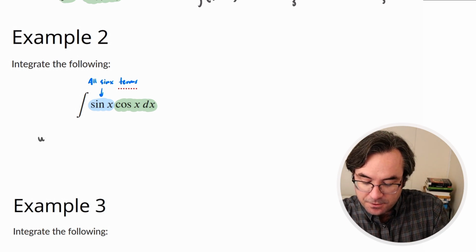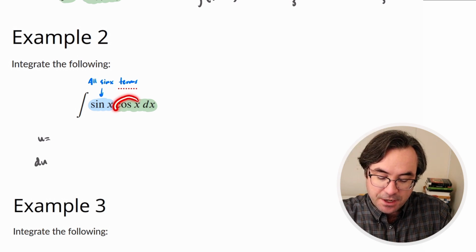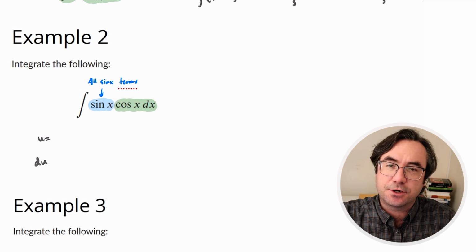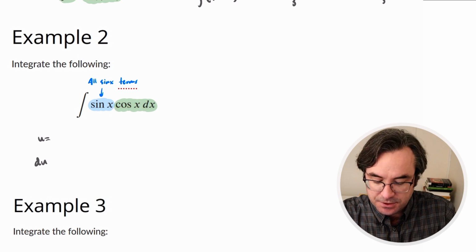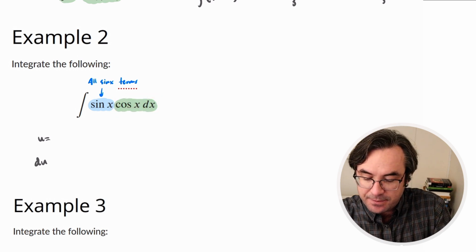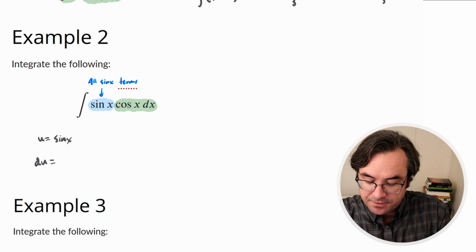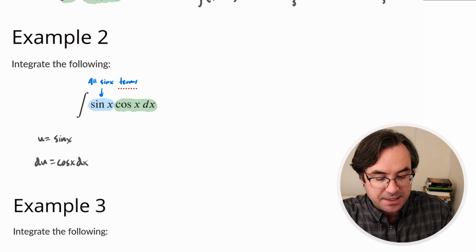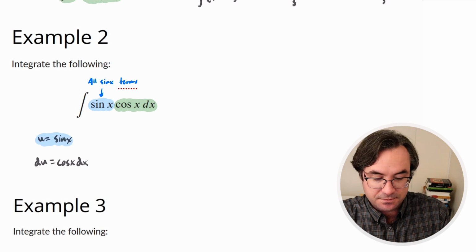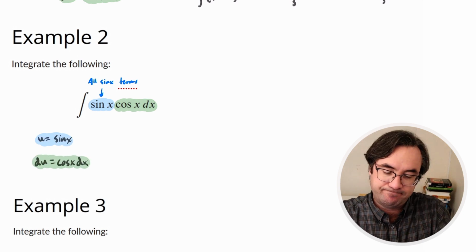So then from here, we're going to figure out our u substitution. Because we peeled off that one cosine term, we're going to let u equal the opposite trig function. So we're saving this cosine, so that means we're going to let u equal sine. So then the differential, we calculate the derivative, we get cosine x multiplied by dx, and now this just becomes just a regular u sub.